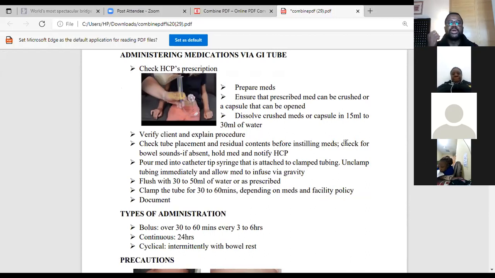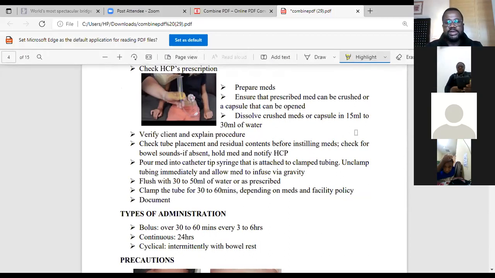It's difficult to administer through a PEG tube, but if you have practiced over and over, there's a technique we apply to administer medication that comes in granules. Now you dissolve the medication in 15 to 30 mL, verify the client, and explain the procedure.